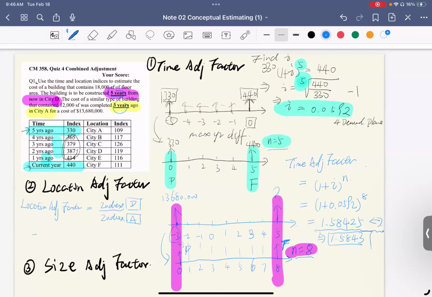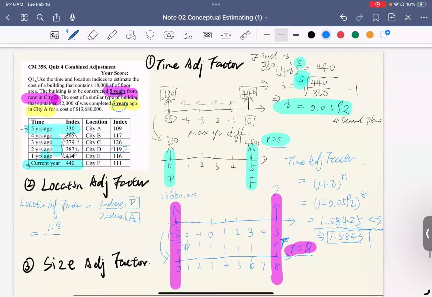And then you are getting this number is equal to 119 over 109, right? Okay, why did you choose D and A? Because you constructed a project 3 years ago in city A, so your known project is city A. You're going to propose a new one.